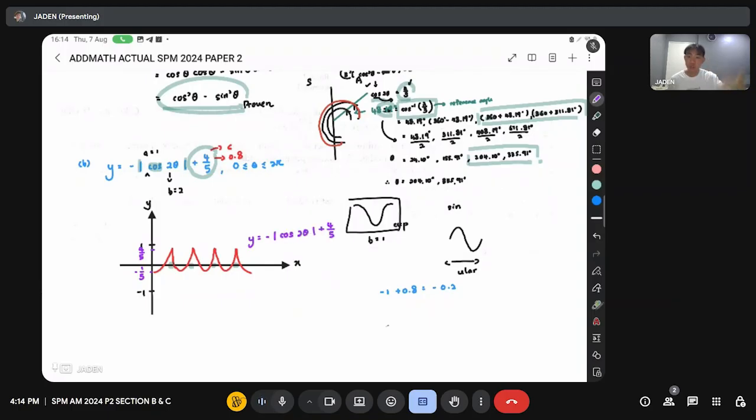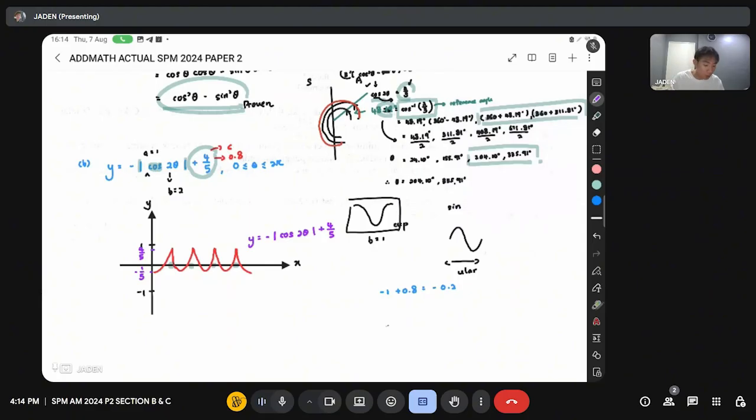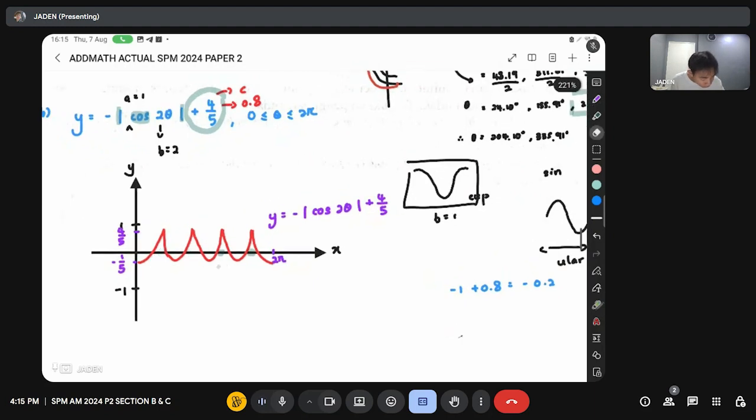The next thing I have to share with you is how you're going to decide where is your 2 pi and where is your pi. So your 2 pi, always remember, is where you stop. So this is most likely going to be your 2 pi. Okay, let me erase all these green checkpoints. So if this is 2 pi, where is your pi? You can always do it this way.